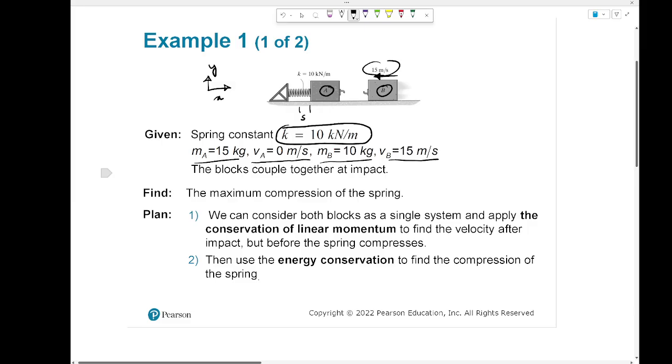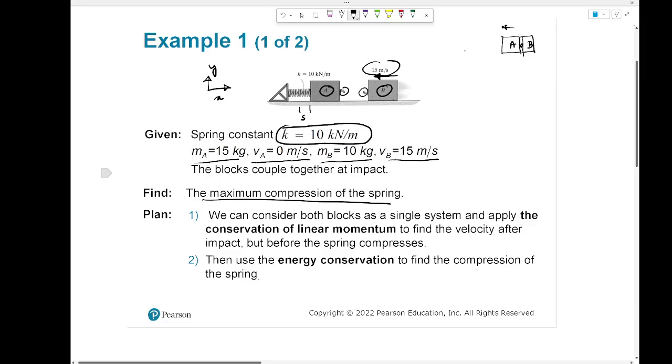Let me talk a little bit more. What we're going to find is the compression of the spring. What is it saying here? These 2 hooks will join when block B comes and hits block A, and both of them will act like one object. So these 2 blocks will attach together. This is my A, this is my B, and they are all going to move in this direction.